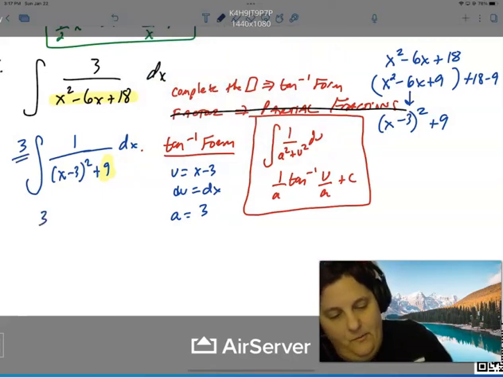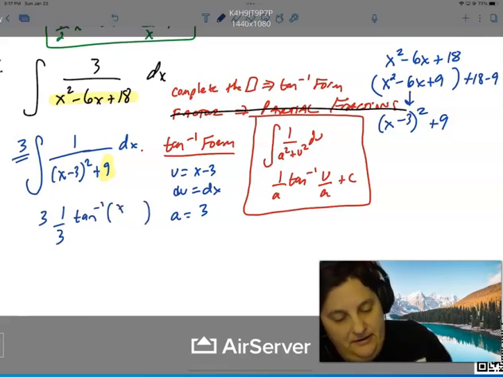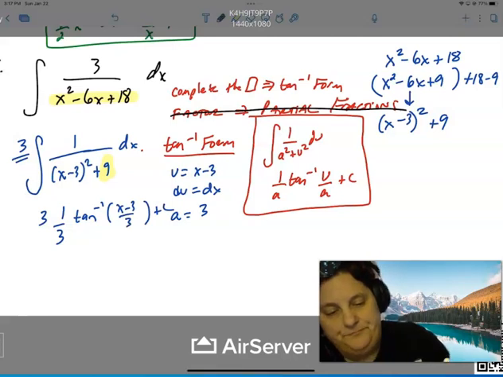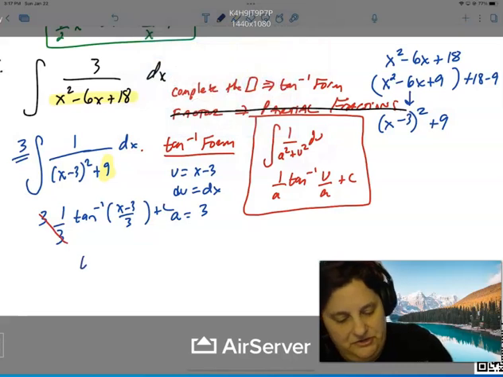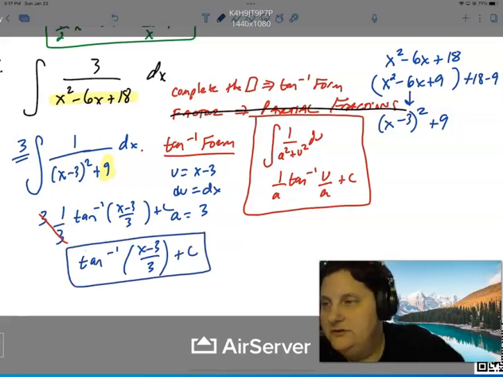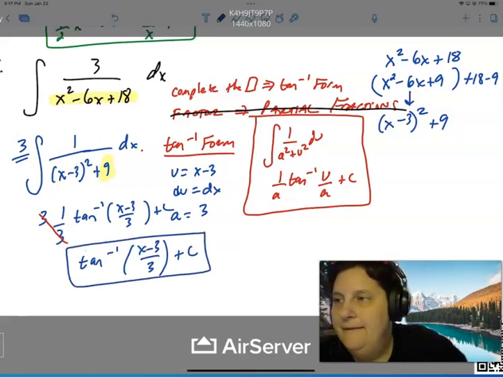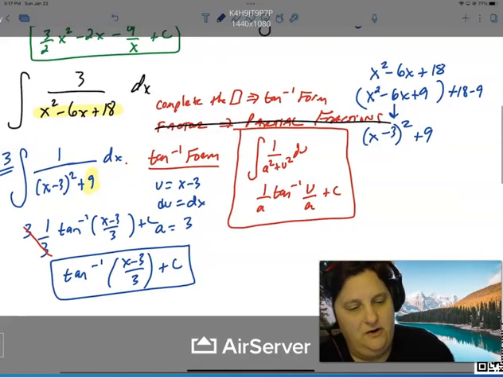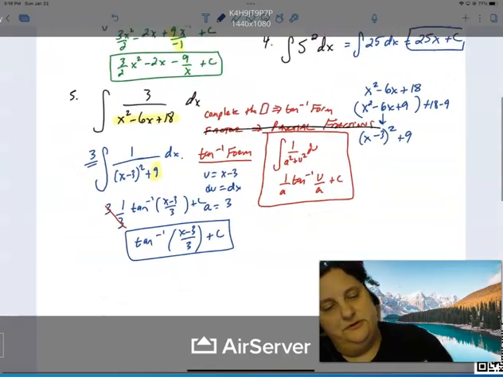Don't forget about that. 1 over 3 inverse tan x minus 3 over 3. Okay. And I can see right here that my 1 and my 3 cancel out. So it just ends up being inverse tan of x minus 3 over 3 plus a constant. Okay? Nice. All right. That was a good one.